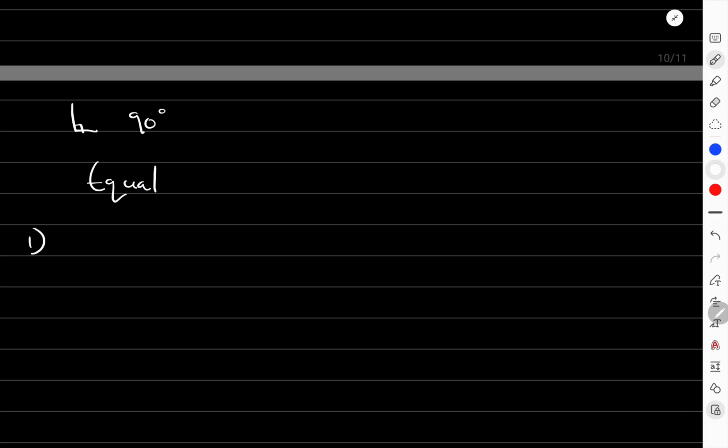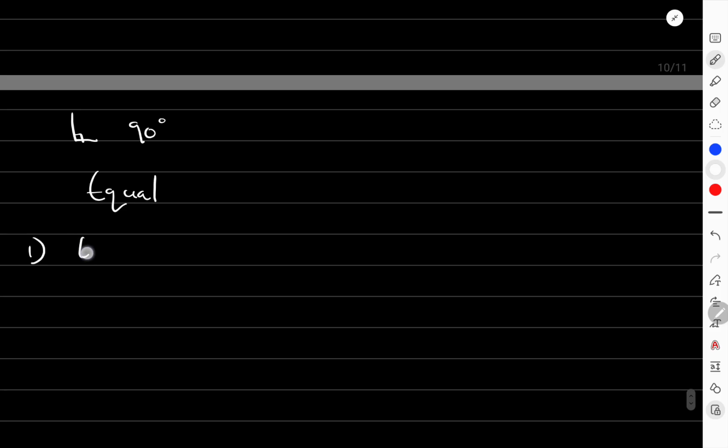Now, the first equal that we spoke about: corresponding angles are equal if the lines are parallel.